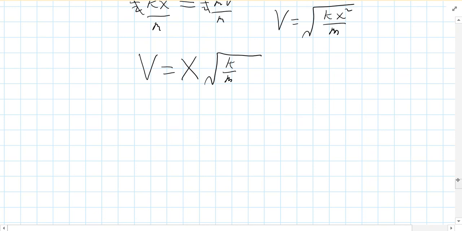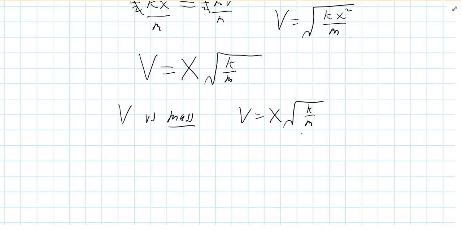All right, so then you did three sets of data. The first thing you graphed is velocity versus mass, okay? So looking at this equation, I'll rewrite it right here: v equals x square root of k over m. Well, first of all, in this part of the lab, you did not change x and you did not change k.